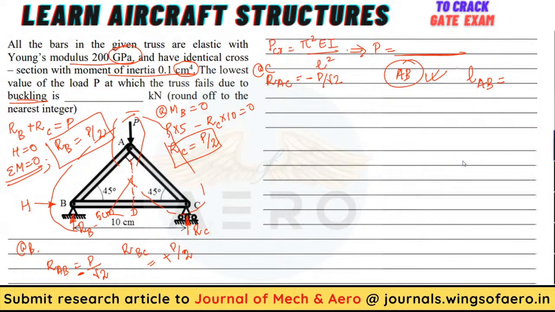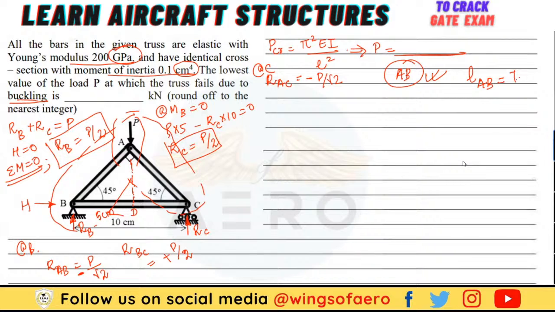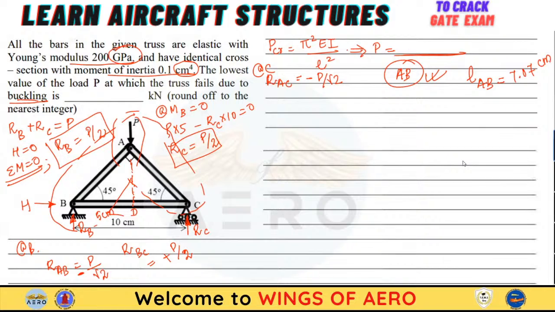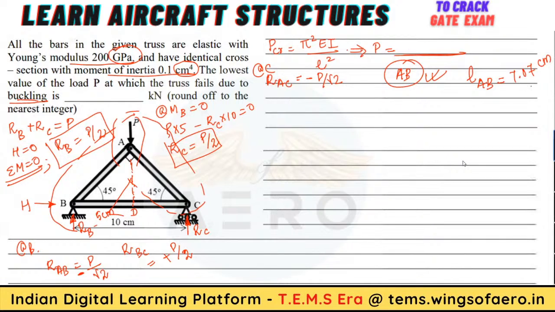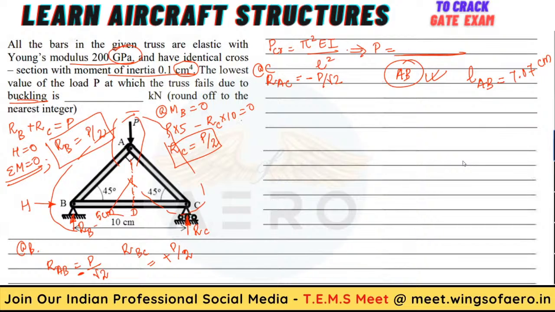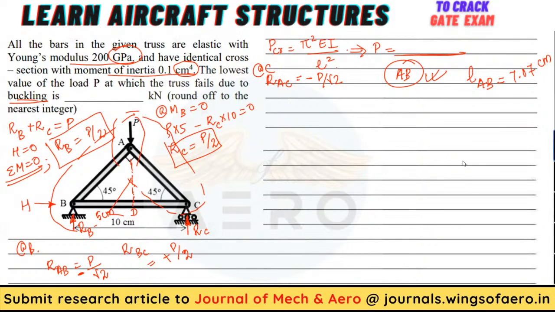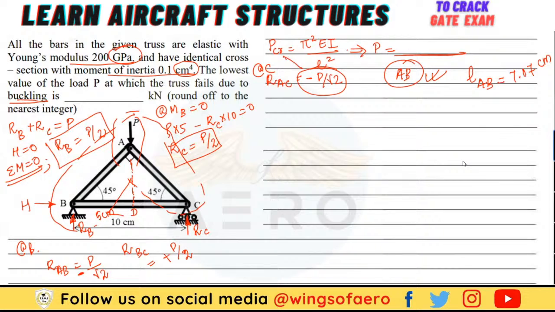Yes, ma'am. 7.07, it is in centimeter. So the length you got is 7.07 centimeter, right? Now, you can take any one of the members, either AB or AC. Length is known, so you can take any one of them. So let's consider this is the critical load.